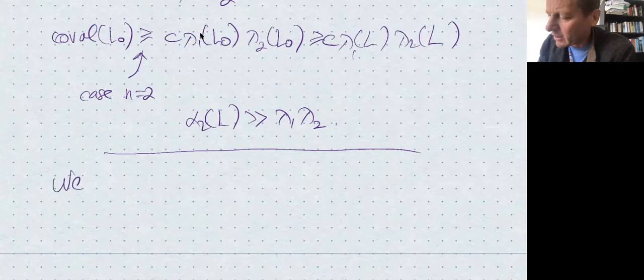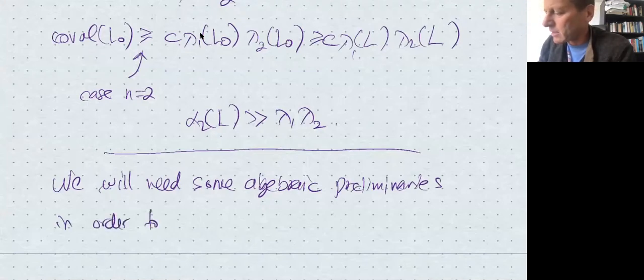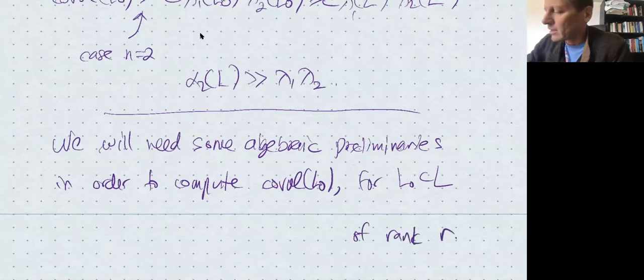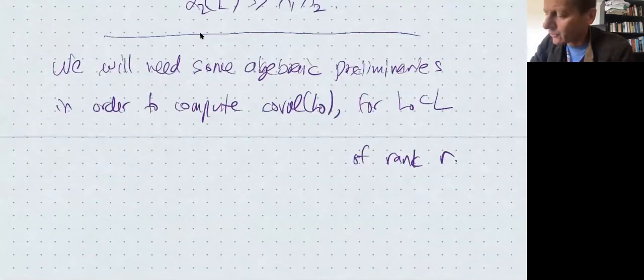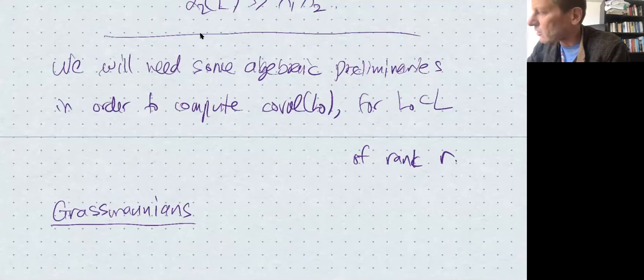So we will need some algebraic preliminaries in order to compute these co-volumes. And for this, we will discuss Grassmannians, or I'll just put up some keywords here.